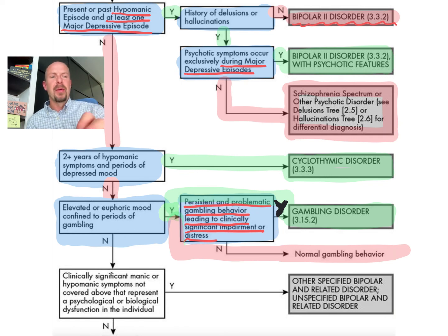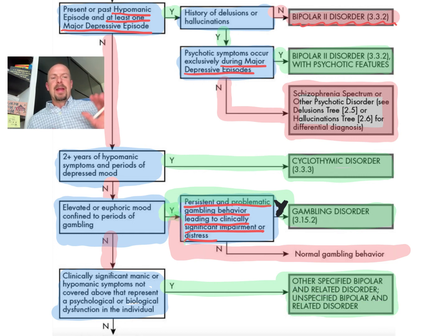And finally, here we go, the last thing. If it's not due to gambling, and it's clinically significant manic or hypomanic symptoms that are not covered above, from a physiological or biological dysfunction in the individual, if there are clinically significant manic or hypomanic symptoms, but they're not covered in the areas above, then it's actually a bipolar NOS or bipolar unspecified.